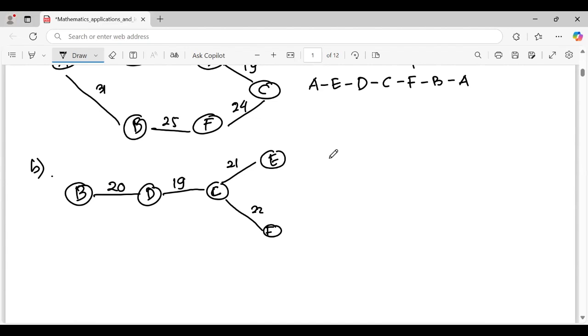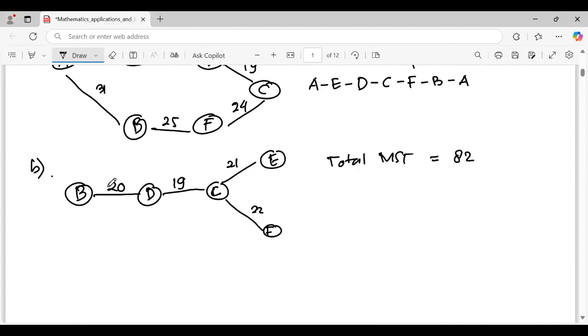The total MST is equal to 20 plus 19 plus 21 plus 22 equals 82.